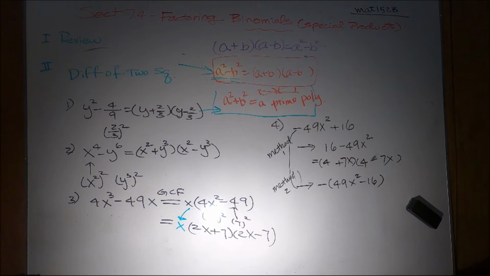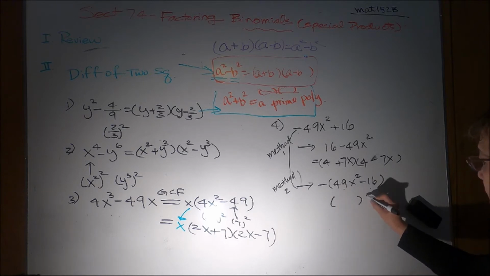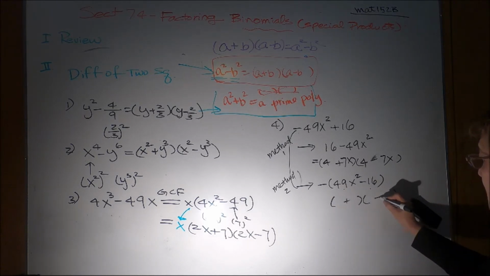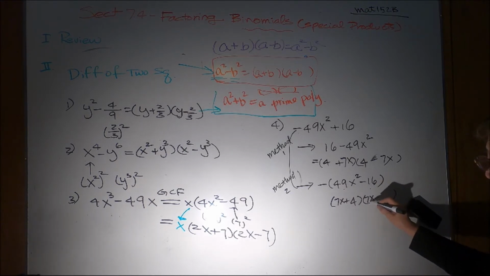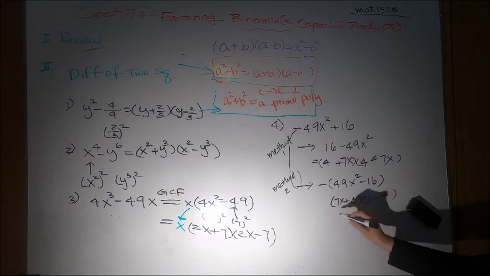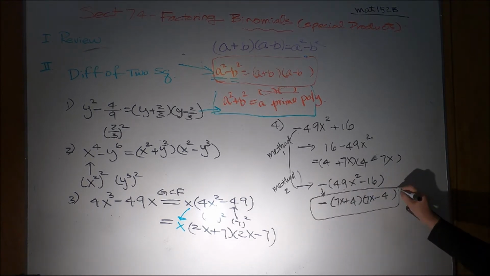Is that right? Right? So you have a perfect square. So you can do what? One plus, one minus, which is what? 7x and 4, 7x and 4. If you do that, you need to carry down your negative. So that will be your answer.